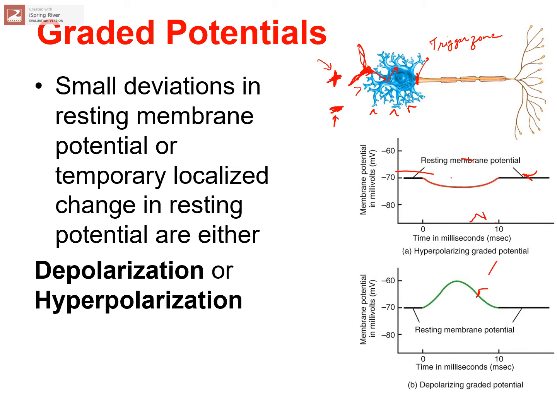Not all of them are strong enough to generate an action potential. These excitatory and inhibitory signals can either cause transient depolarization, like over here, and then return the cell to the resting membrane potential, or they can cause transient, quick hyperpolarization, as you see over here, and then quickly return the cell to the resting membrane potential. Keep in mind, not all of these are strong enough to generate an action potential.